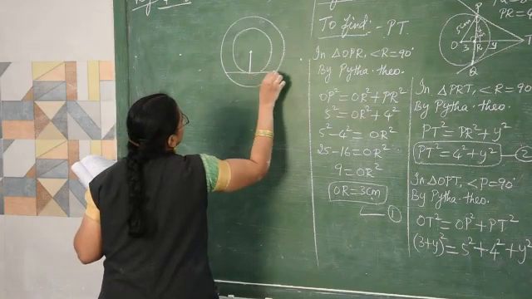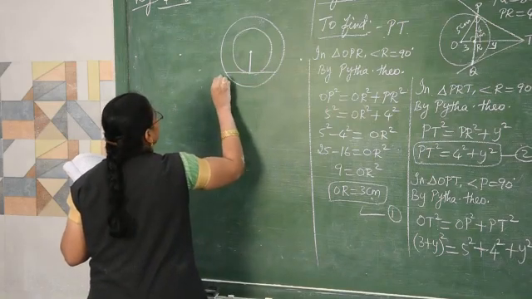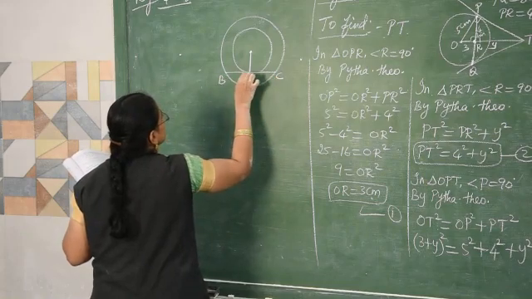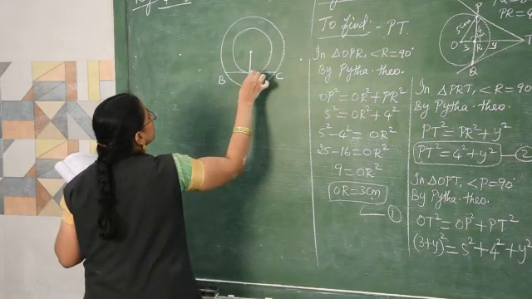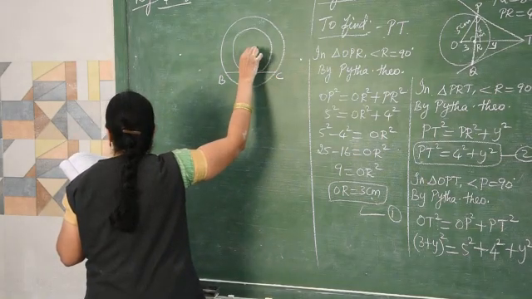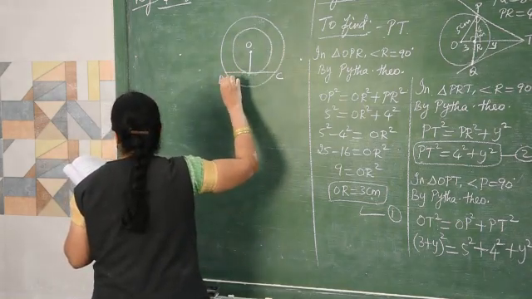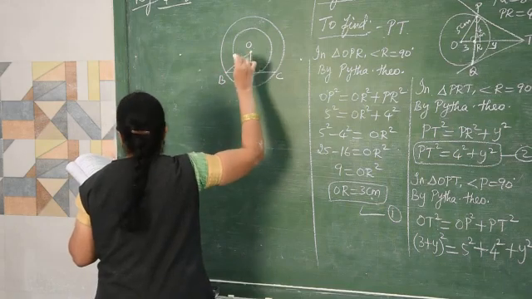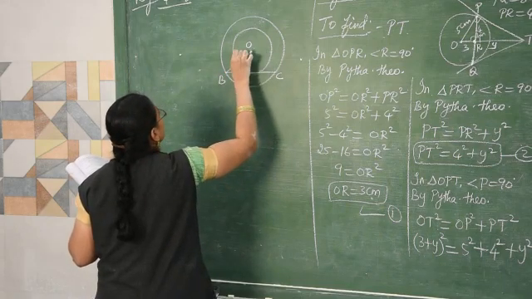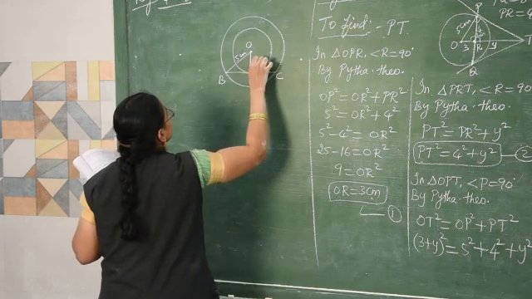Here is a chord BC, but this chord BC is a tangent to the smaller circle. Likewise they are given, and here it will be framing the right angle triangle, 5 centimeter, 4 centimeter.